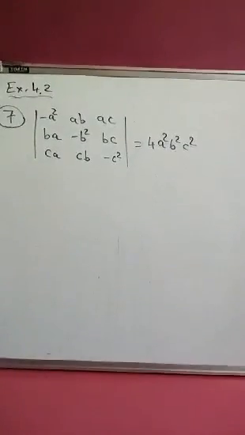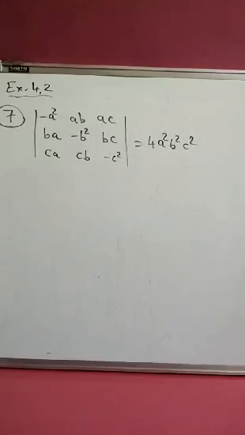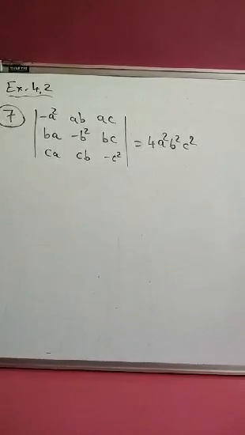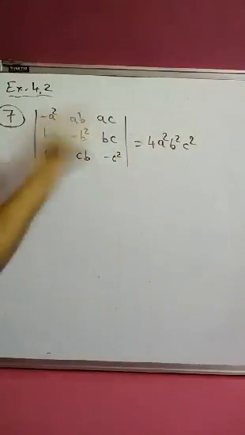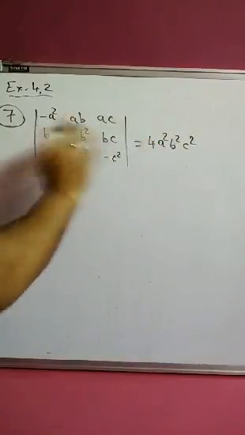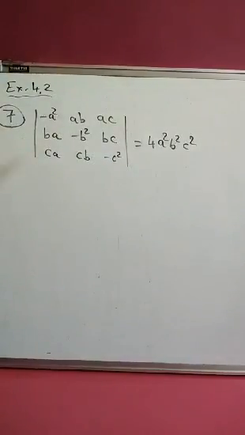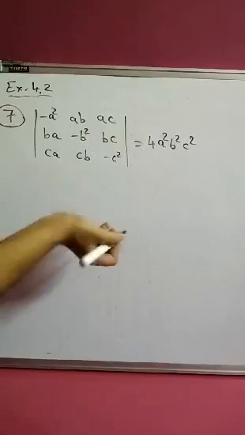Here also you are not supposed to get 0 as your answer. So how to solve? If you look very carefully at the LHS and RHS, both have A square, so A square or A might be taken out, but directly we are not going to take out A square.